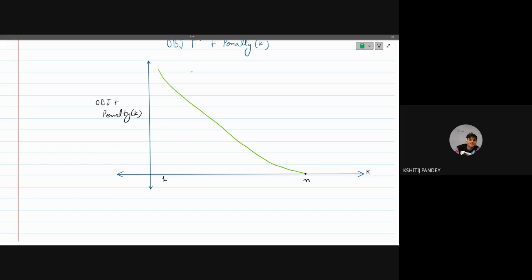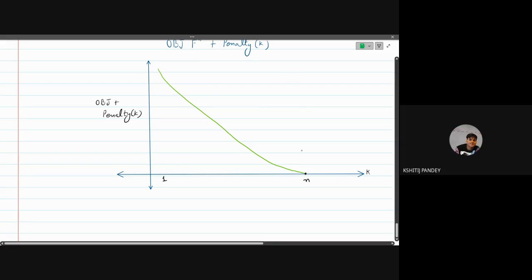Whereas your penalty will be small when your k is equal to 1, because we are penalizing large value of k. And it will be very high when your k is equal to n, because we don't want large values of k.